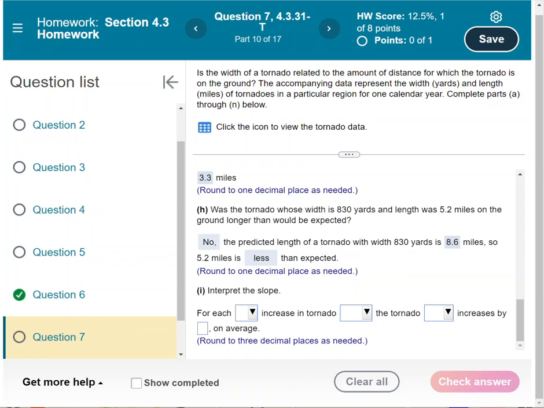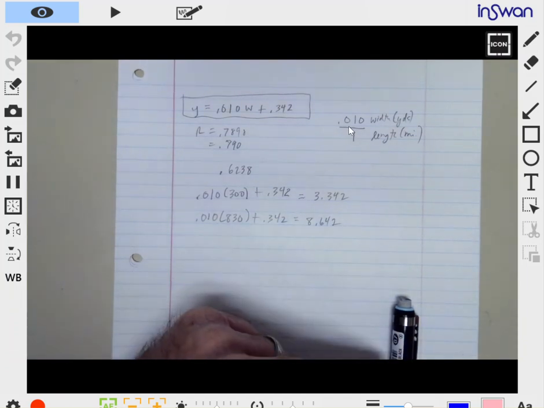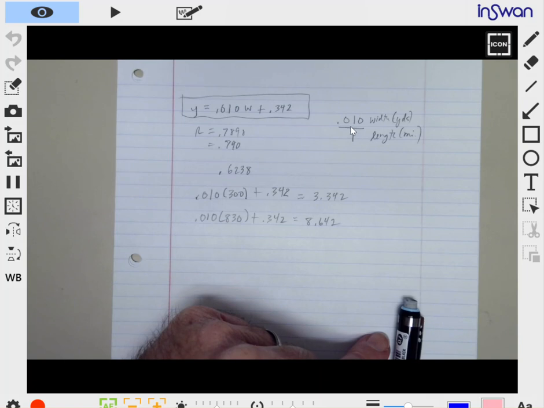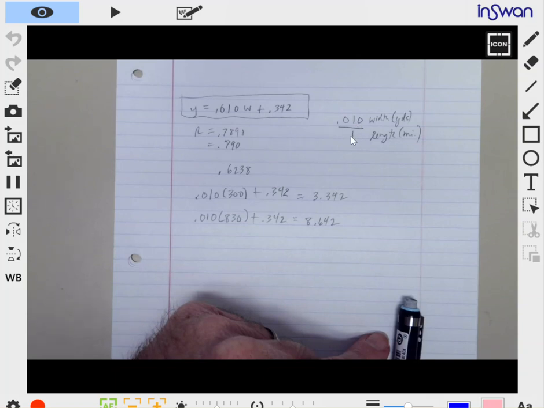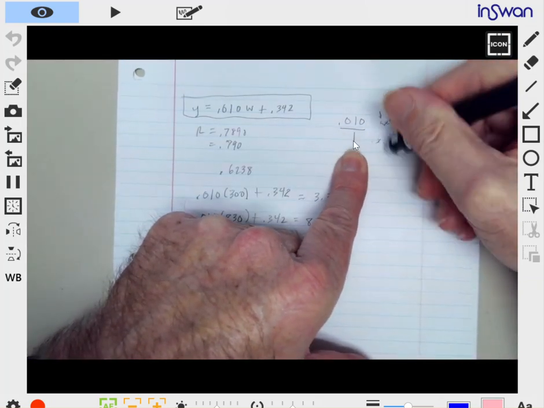So let me go back to my work on paper. You want to write your slope with a rise and a run. Remember, it's basically the change in y over the change in x. Oh, you know what? I've got this upside down. This is not right.